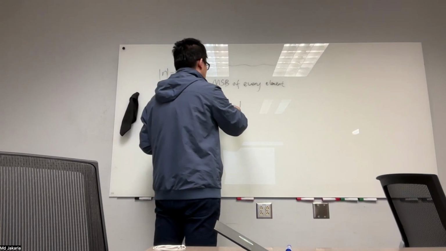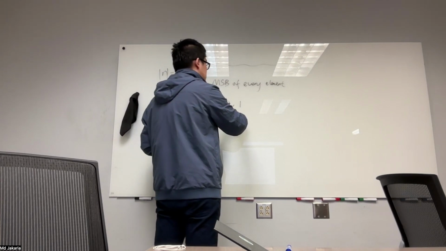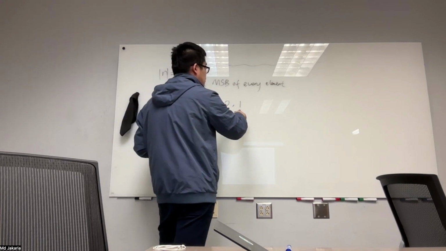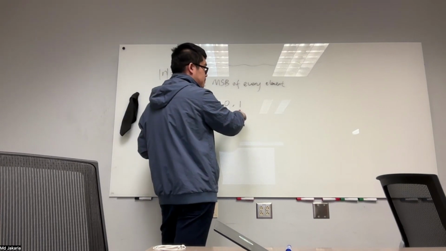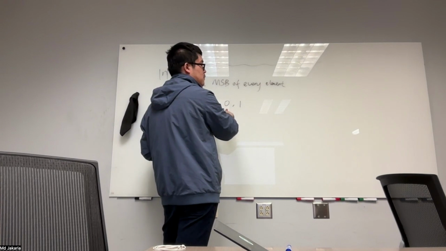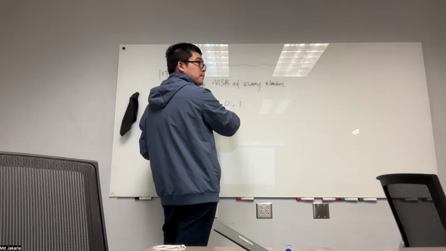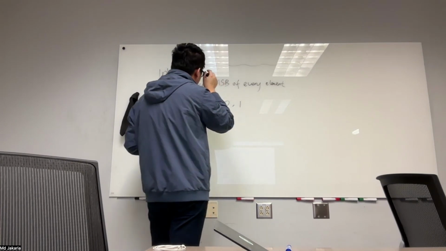And the one with less is the missing number's bit. So let's say there are 32 numbers with most significant bit of 1, and 31 of them are 0, which means that the missing number's most significant bit is 0. Okay? All right.